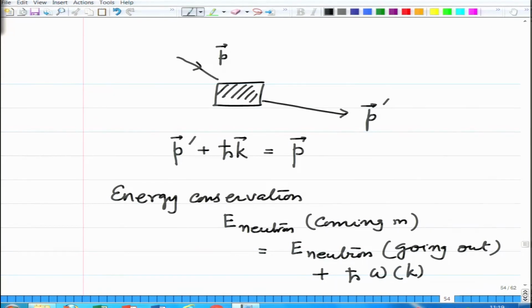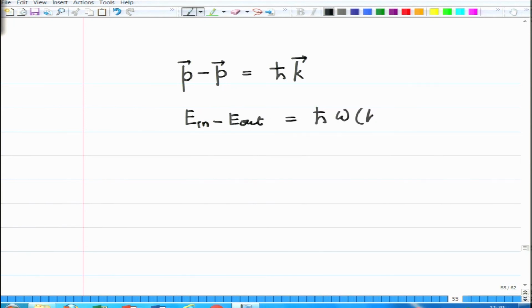So, by measuring the momentum of incoming neutron and outgoing neutron, from the difference p minus p prime, I can make out what h cross k is, that is what the momentum of the phonon excited is, and from the energy difference E in minus E out, I can make out what the frequency of that mode is, and then plot them.